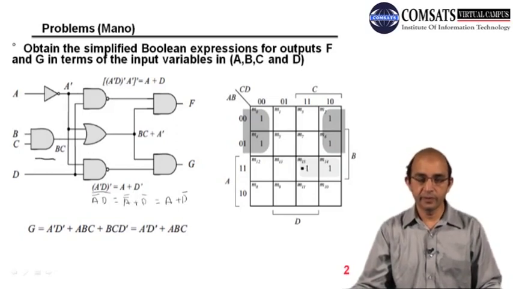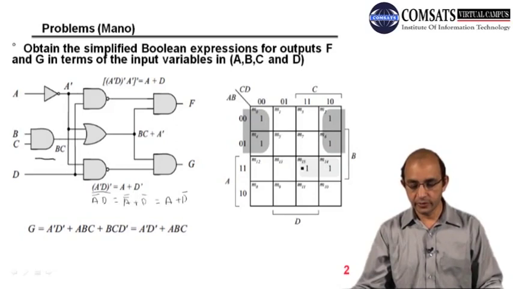Now we will be looking for the groupings. If I bend it vertically, I will be having this square, these two ones and these two ones. Then after that I will be having this pair. B will be cancelled out, so we are left with A bar, and here we will be having D bar.